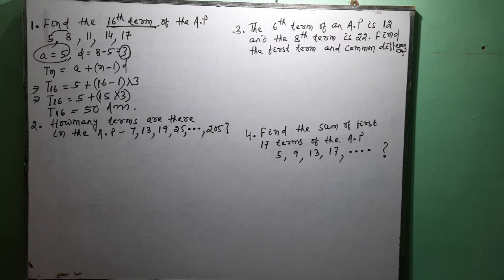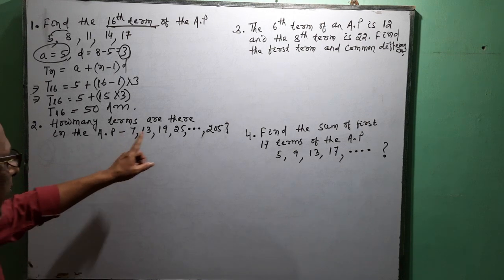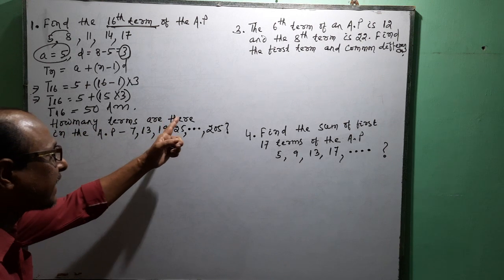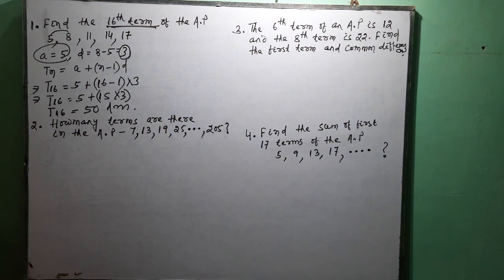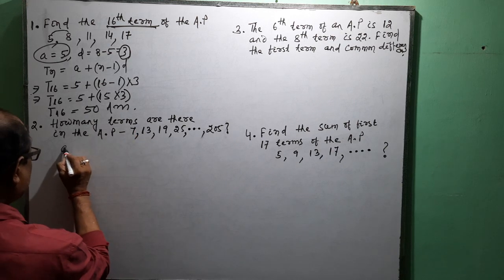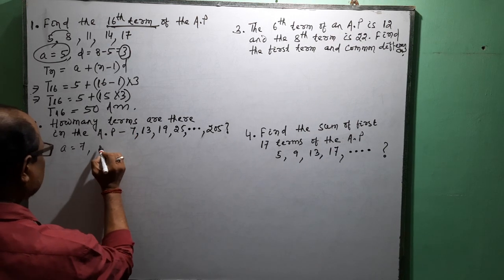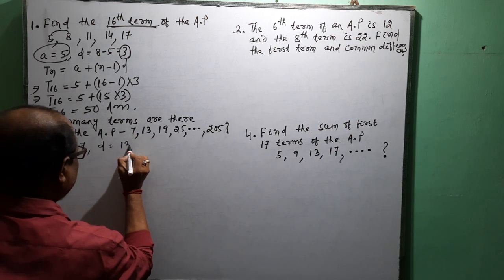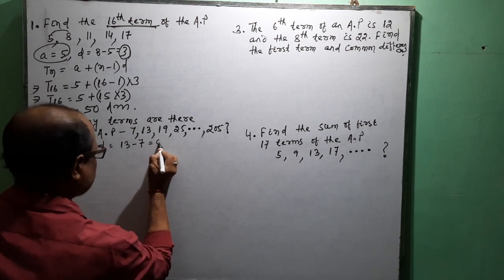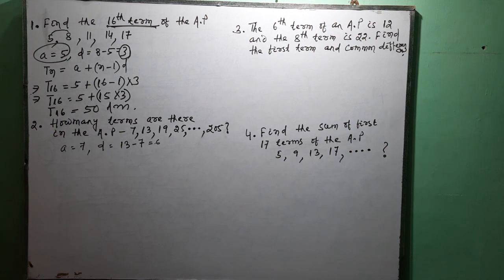Next come to the second one. How many terms are there in the AP beginning from 7 and ending with 205? The question asks, how many terms are there? This means this is Tn. First, a is equal to 7, d is equal to 13 minus 7, always second minus first, which is 6.